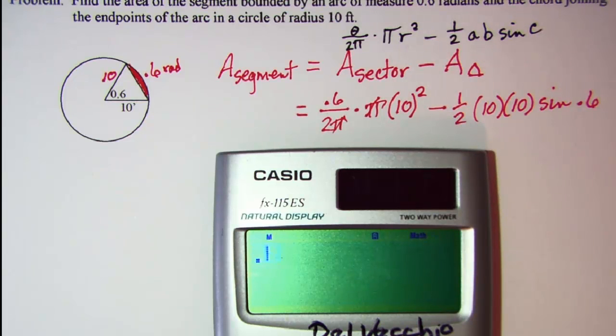So 0.6 divided by 2 times 10 squared, subtract, and then I'll enter 0.5 times 10 times 10 times sine 0.6.